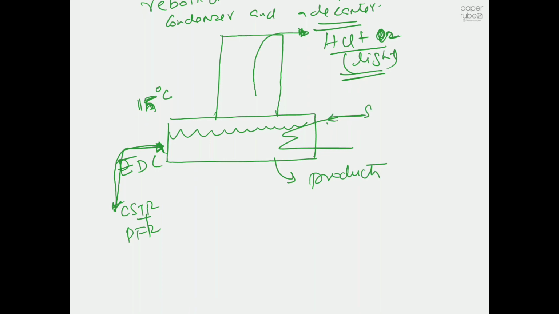Normally we heat using steam, and this will be your condensate. Whatever product comes out here, we will separate using a condenser. This is what they do in the industry. Then they will send it to a decanter.